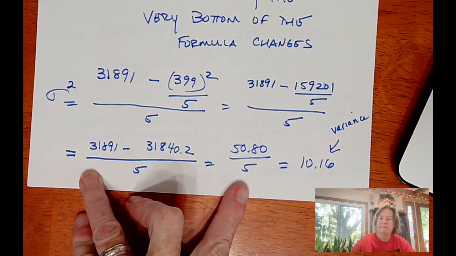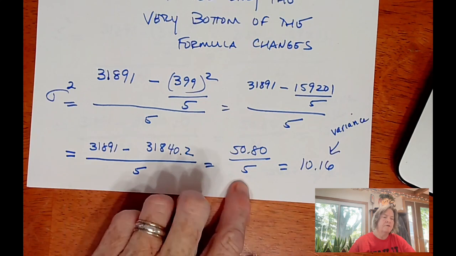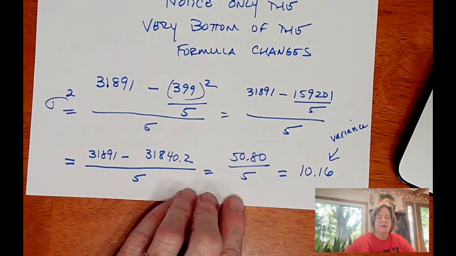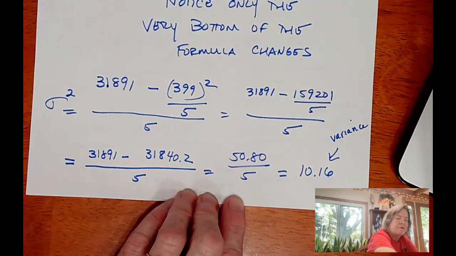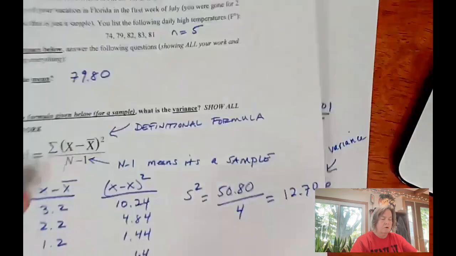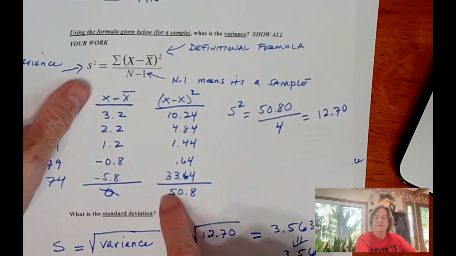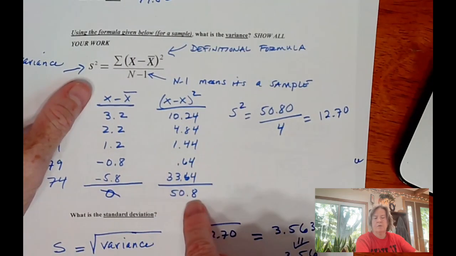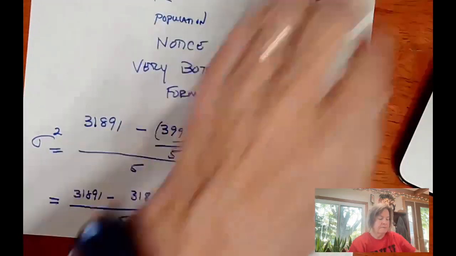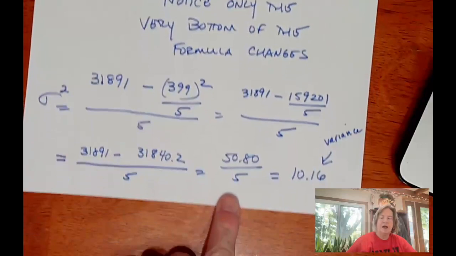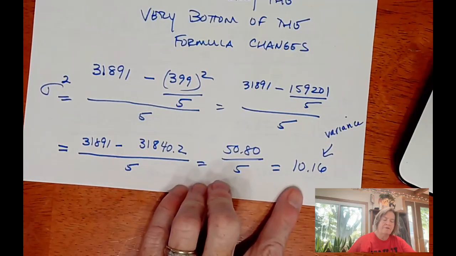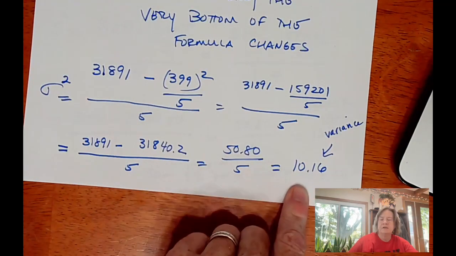Okay. Remember from the last one that the top part of that formula was also 50.8. The sum of squares is what we call this, 50.8. Okay, and so you get the 50.8. We're going to divide by 5. So our variance in this case is 10.16.